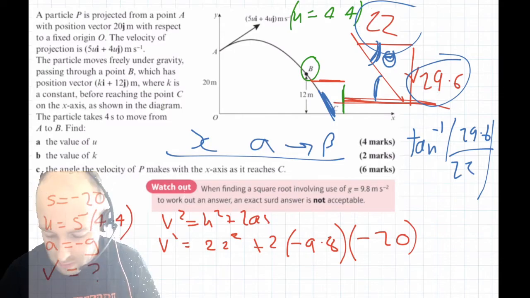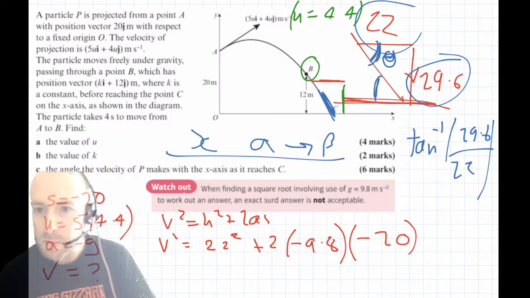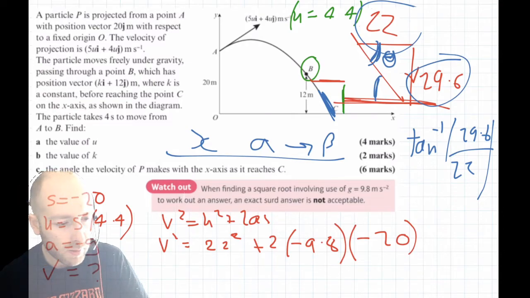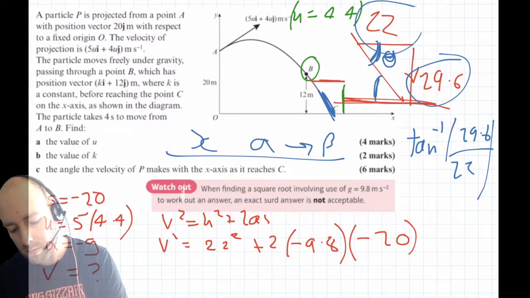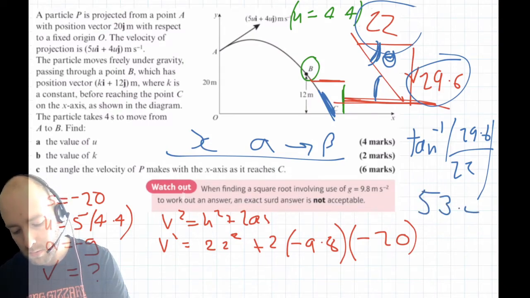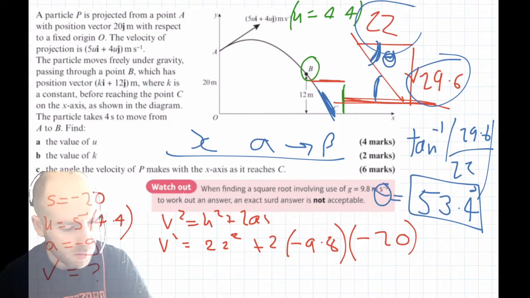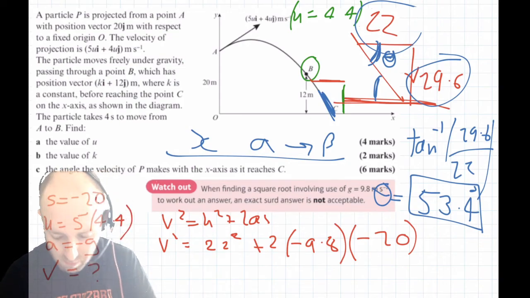Cool. So inverse tan of 29.6 over 22 gives me 53.4 degrees. Ooh, still different to what you guys got. I'll double check that again. 22, yeah.